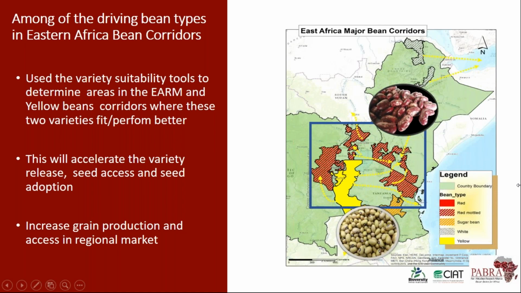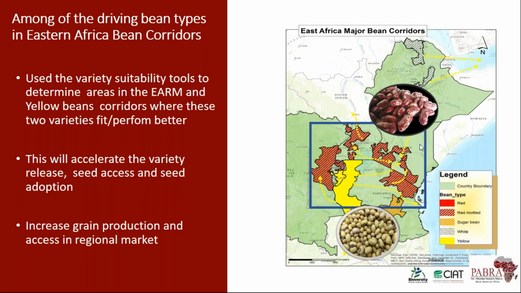So yeah, maybe this one should have come earlier. Within the Pan-African Bean Research Alliance member countries, we have different bean markets, and these bean markets have high demand. If you look at the map on your right, on top we have beans which are red and speckled, which we call red mottled, and under we have the yellow beans.